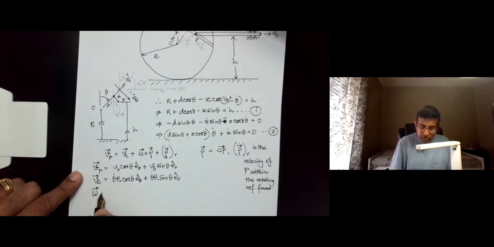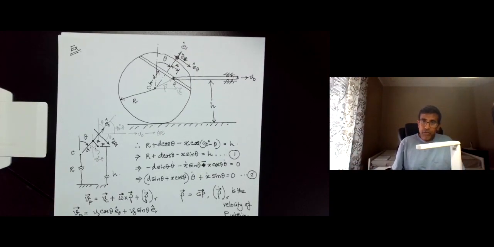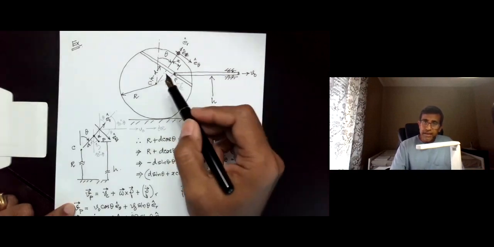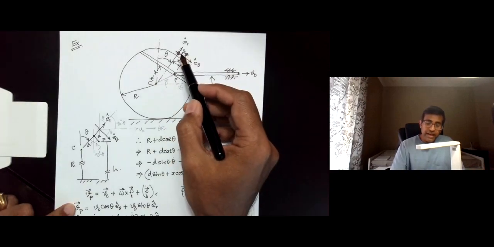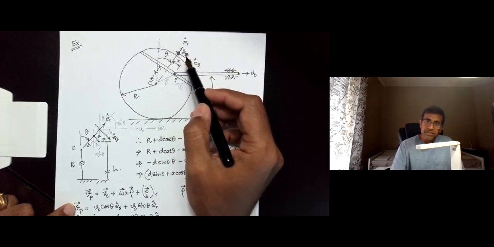Now let's get to omega. What is omega? Well, omega is the angular velocity. Remember that when we are using a rotating coordinate frame and we write this relative velocity equation, omega always represents the absolute angular velocity of our rotating frame of reference. So in this problem, that translates to what is the absolute angular velocity with which this r theta z coordinate frame is turning.